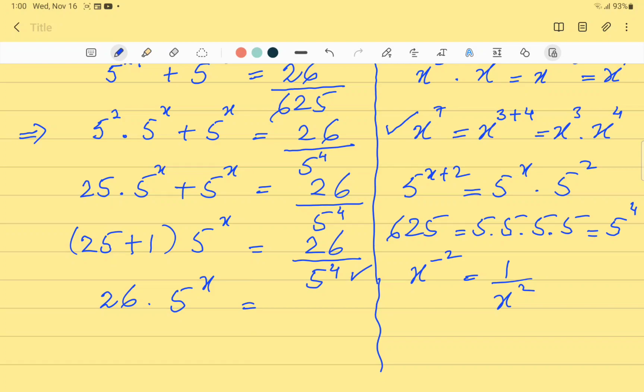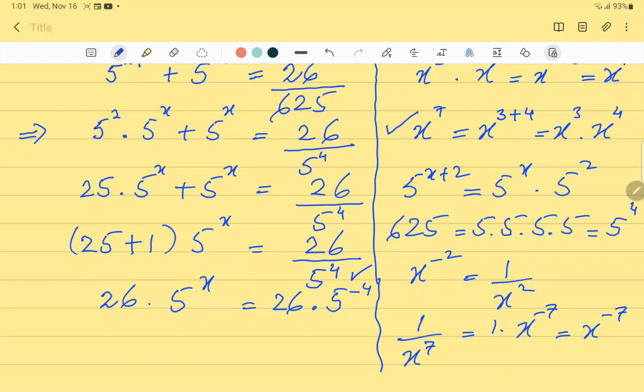Similarly, if we have 1 over x raised to the power 7, it can be written as 1 into x raised to the power minus 7, which means x raised to the power minus 7. So here when we take 5 raised to the power 4 in the numerator, it will become 26 into 5 raised to the power minus 4.